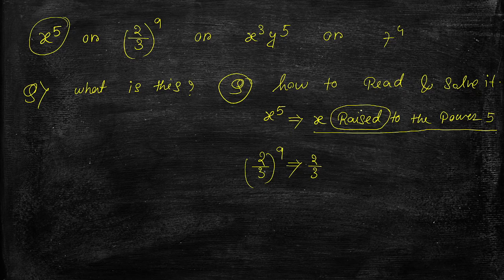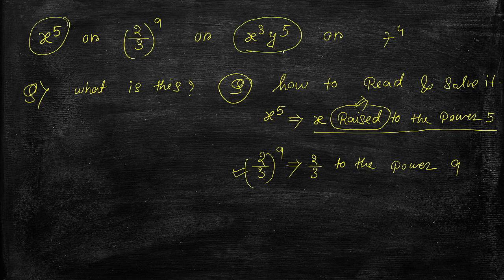We just say x to the power 5, or any number that comes as the value of x. But when we write, we'll use this word raised. I hope this is clear.